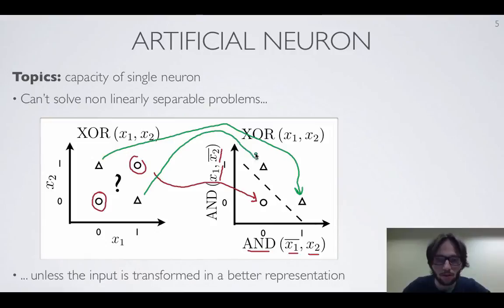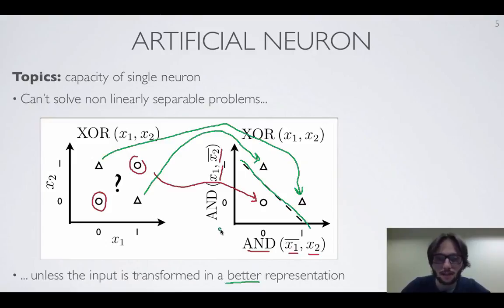In this case we could draw a single line between the circles and the triangles, between the points associated with class 0 and class 1. So if we compute a better representation of our input vector, the problem might become linearly separable.